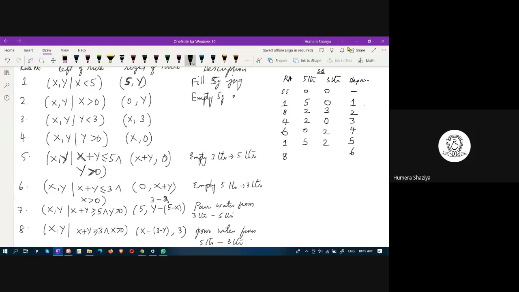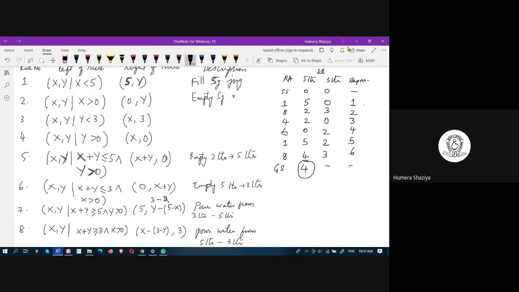So 3 minus 2 is equal to 1. X is 5. 5 minus 1 is 4. 5 liter water jug got 4 liter water, and this got 3 liter water. With this, we have reached the goal state, which is having 4 liter water in 5 liter jug. This is immaterial to us.